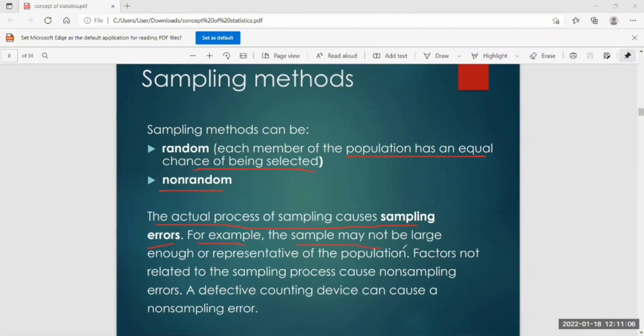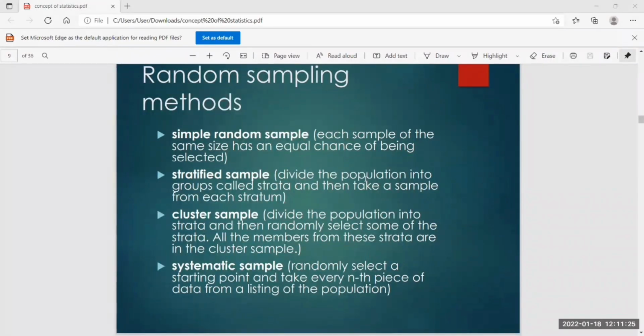For example, the sample may not be large enough to represent the population. And factors not related to the sampling process cause non-sampling errors. A defective counting device can cause a non-sampling error.